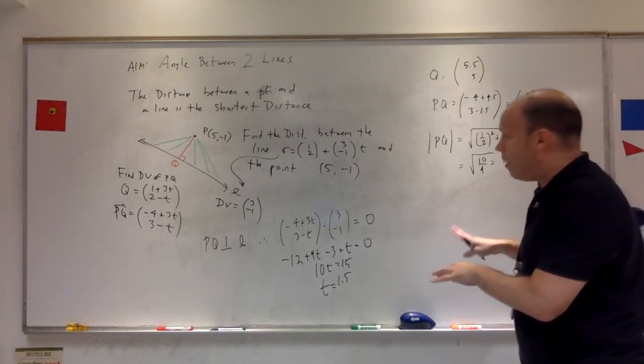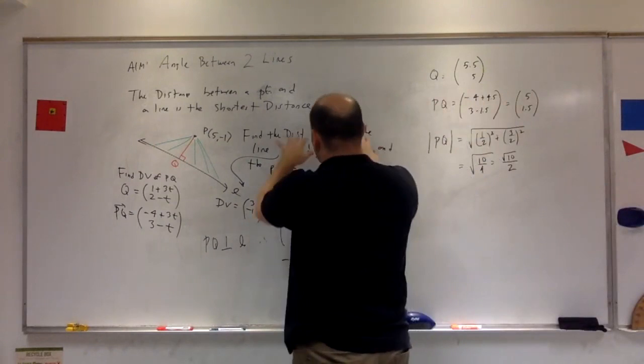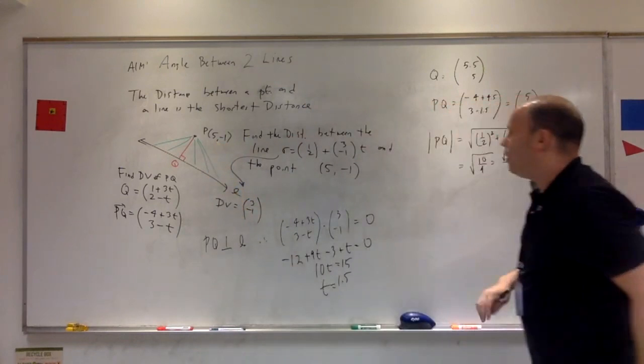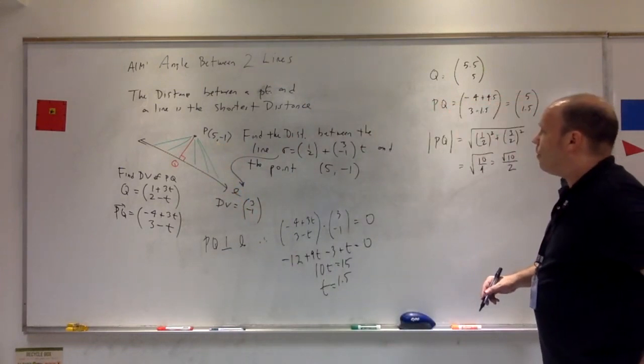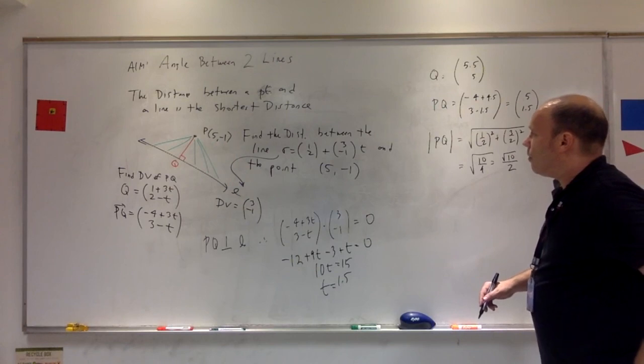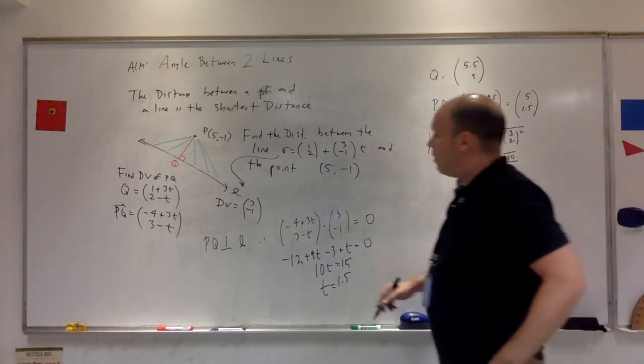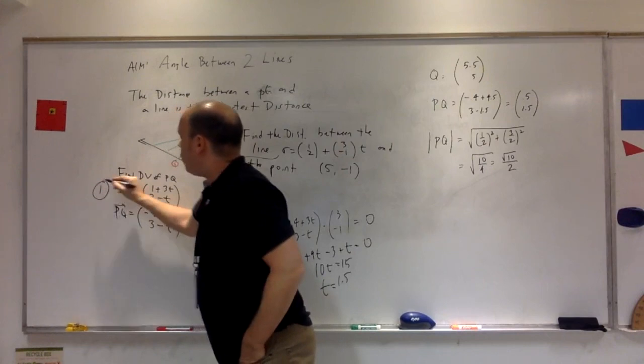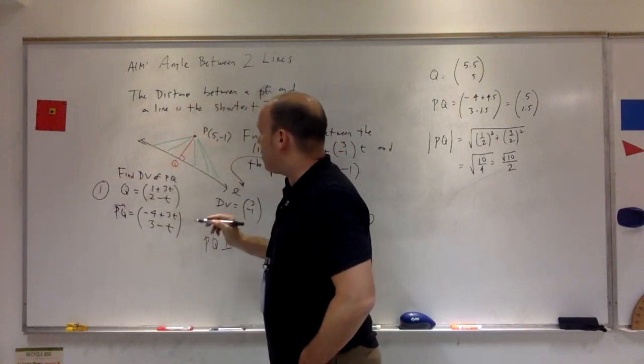So once again, when you're asked to find the distance between a point and a line, first find Q, which is the point where the perpendicular line meets.